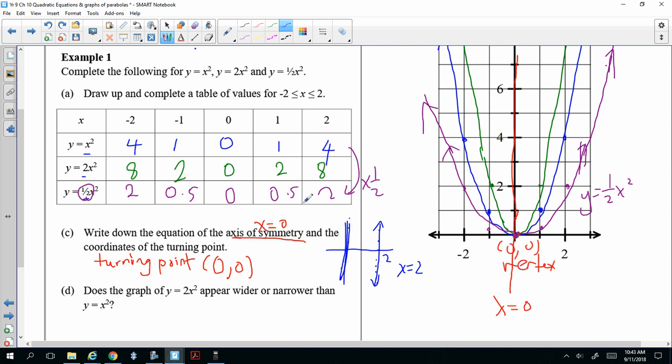Now let's compare the two graphs. Which one's the wider one? Which one is wider or narrower? Look at this one. They're asking you to compare these two. So you say y equal to 2x squared is narrower than y equal to x squared.